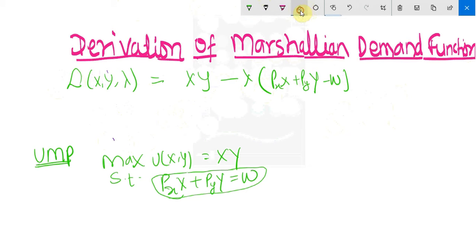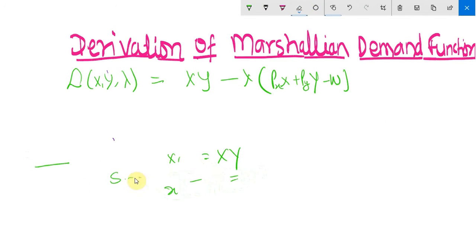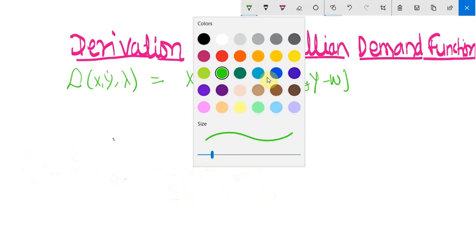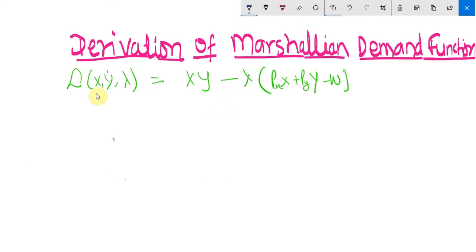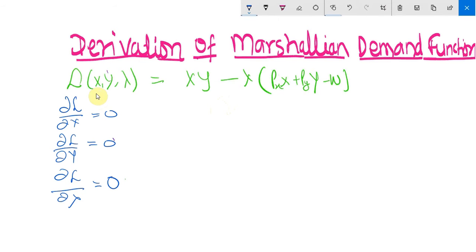Now we take the first order condition for maximization. It requires that the partial derivative of L with respect to x should be 0, the partial derivative of L with respect to y should be 0, and the partial derivative of L with respect to lambda should be 0.